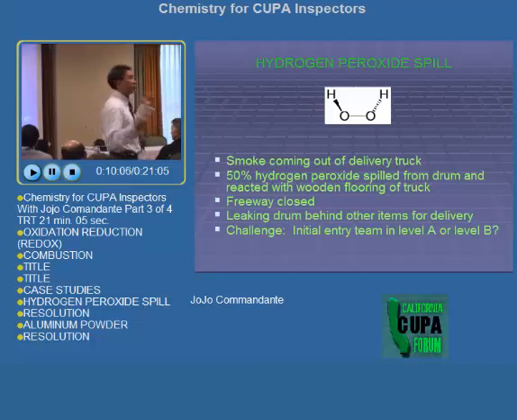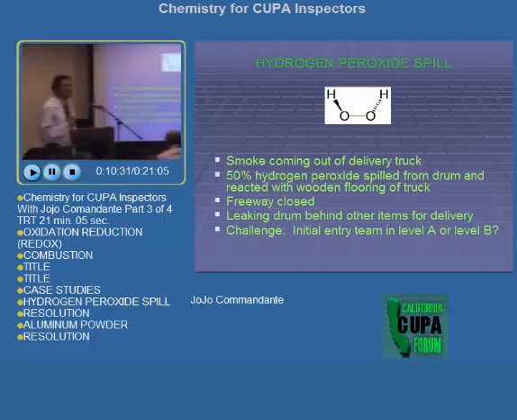You know what Level A is, right? Fully encapsulating suits. You're going to drive a forklift in Level A and try to remove the front pallets and then get to the other pallets inside? Well, the challenge is, is it Level A or Level B? Now, what is the difference between Level A and Level B? Gary.